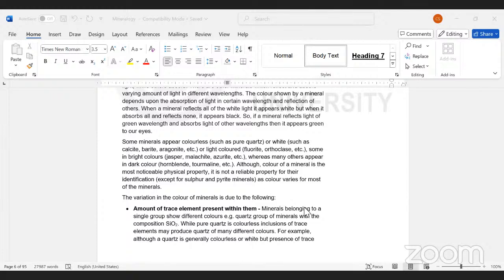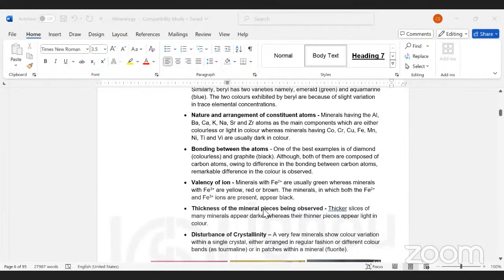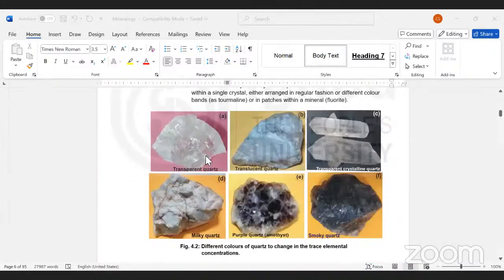That means every mineral has its own color, maybe white or black or red or light colors. This is one of the physical properties, so from an examination point of view they'll ask a question about the physical properties of minerals.